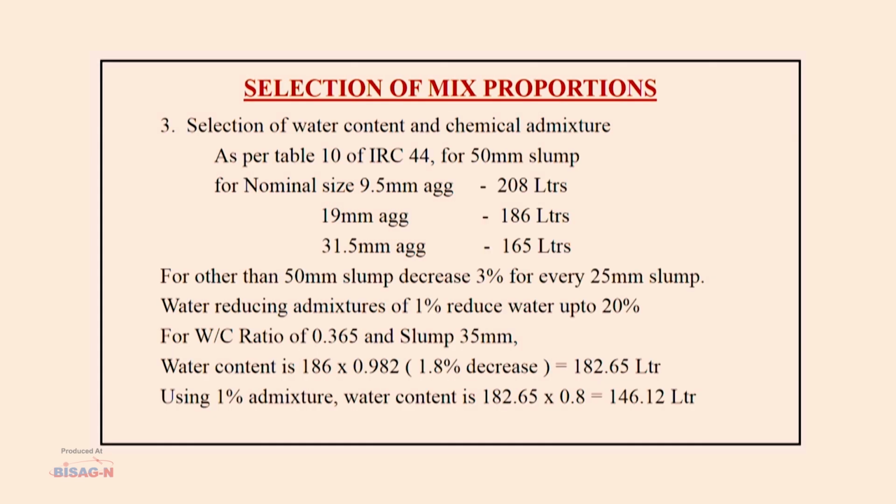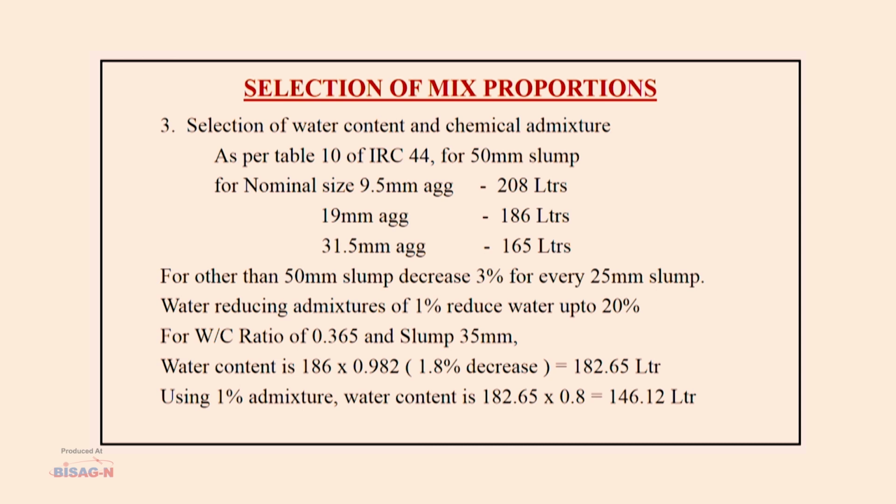Selection of water content and chemical admixture. As per IRC 44, for 50 mm slump, if we are using 19 mm aggregates, 186 liters of water is to be used, but we have taken only 35 mm slump.